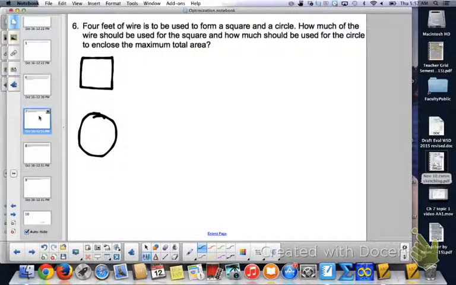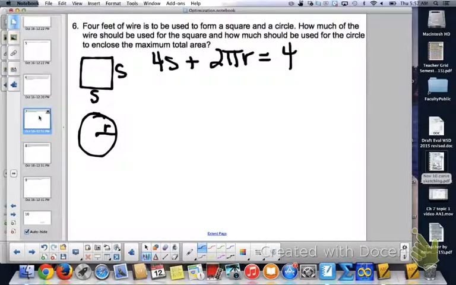So basically, if we call this S, so we have 4S plus, and then this is R, that's 2 pi R equals 4. And then we want to maximize the total area, so area S squared plus pi R squared.